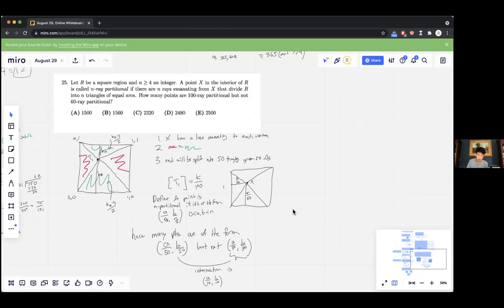And then you just count the number of pairs a, b that are of the form a over 50, b over 50, but not a over 10, b over 10.